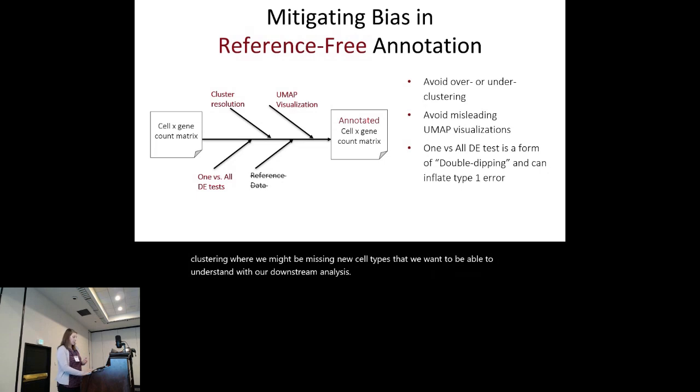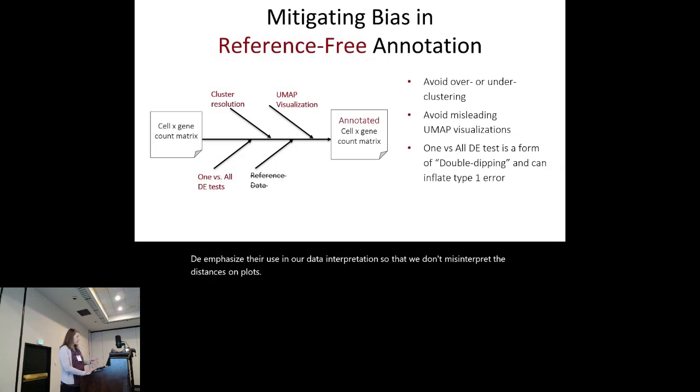The next thing we have to consider is avoiding misleading visualizations, such as UMAPs, which we are all familiar with. The use of UMAPs is still somewhat ingrained in the field. We still use them, but we try to de-emphasize their use in our data interpretation so that we don't misinterpret the distances on UMAP plots.